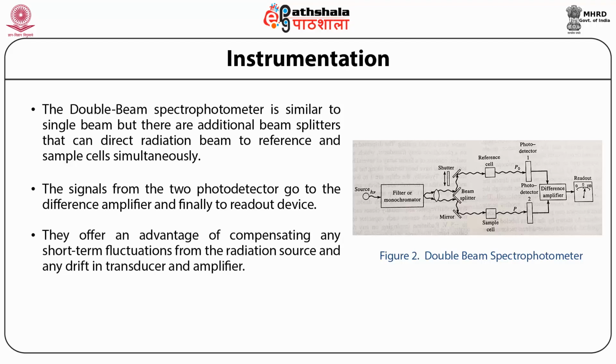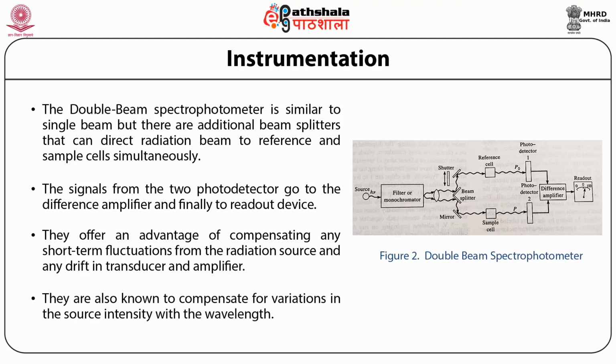They offer the advantage of compensating for any short-term fluctuations from the radiation source and any drift in the transducer and amplifier. They are also known to compensate for variations in the source intensity with the wavelength.